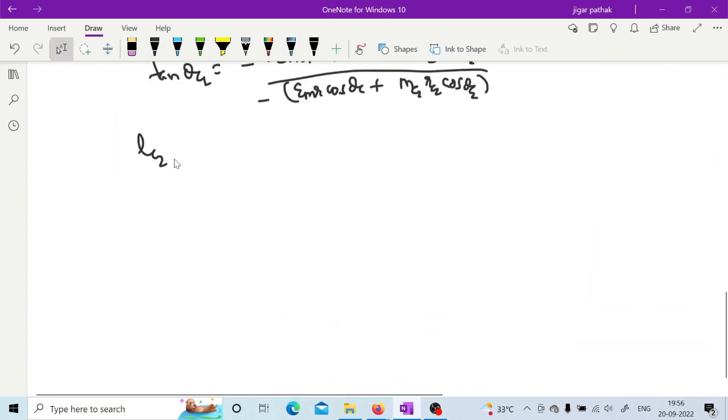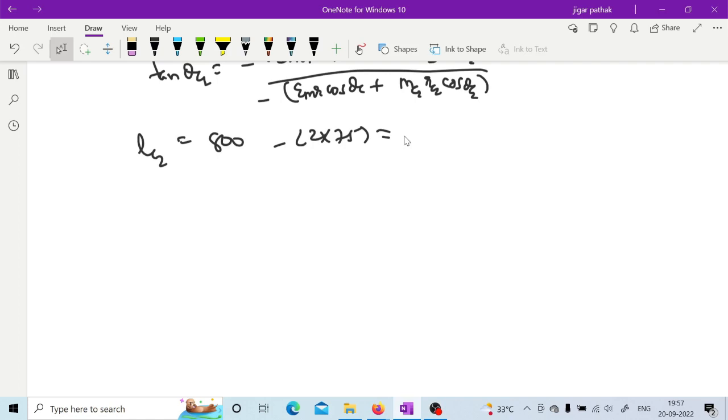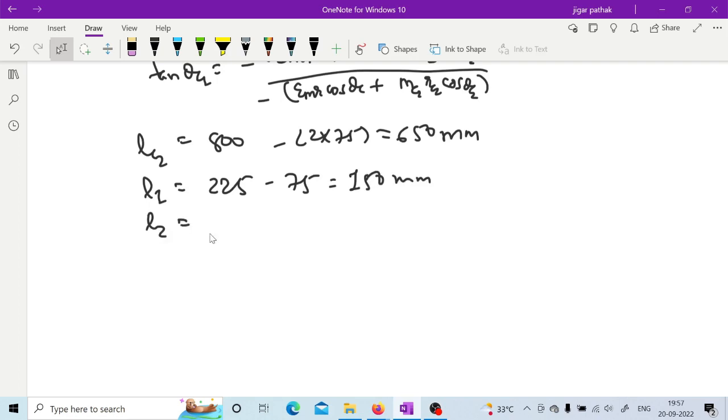As I have told you, LC2 will be 800 minus 2 into 75, that will be 650 mm. L1, as I have mentioned, will be 225 minus 75, that will be 150 mm. L2 will be 150 plus 200, since 2 and 3 are at 200 and 375 respectively, and L3 will be 150 plus 375.